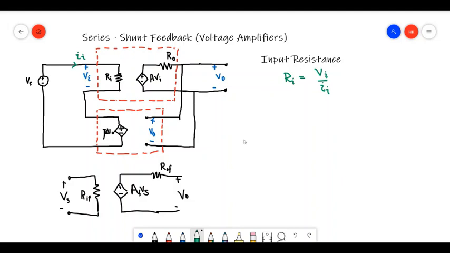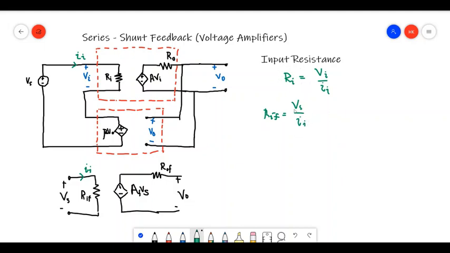Since this is a series topology, we can write that this input current is also Ii, right? So RIF can be written, using this, as Vs divided by Ii, right? So let's try to get an expression for this in terms of Ri.